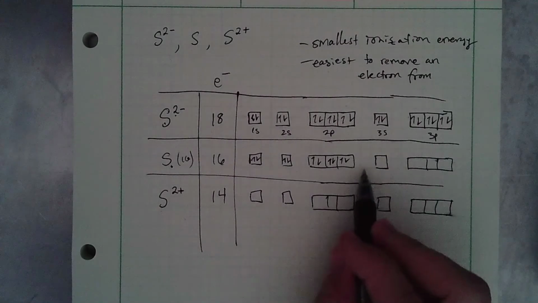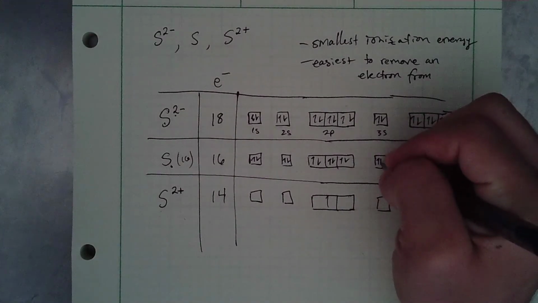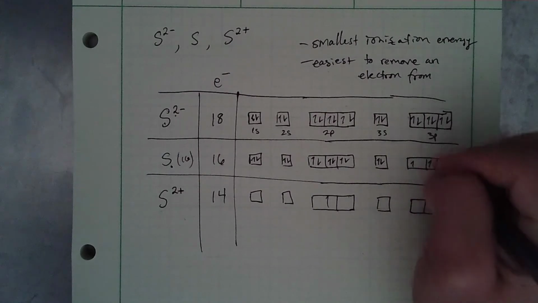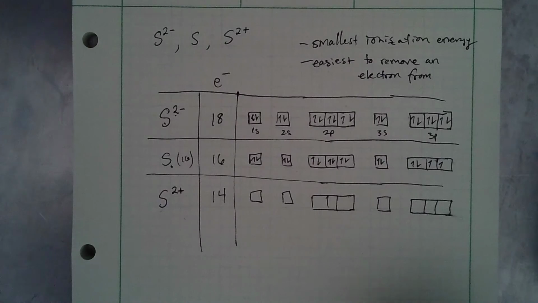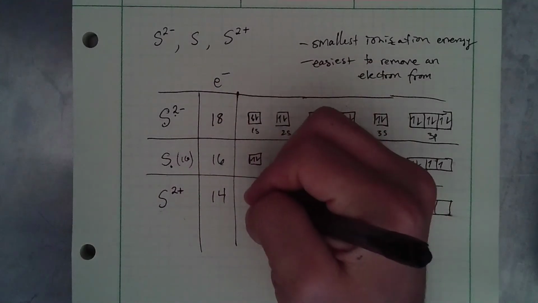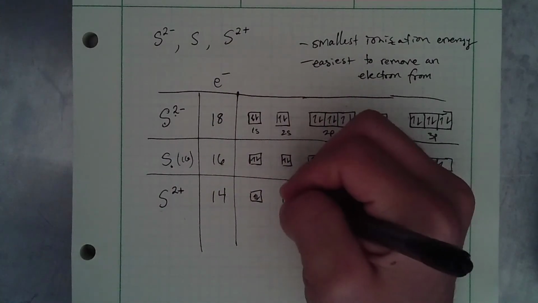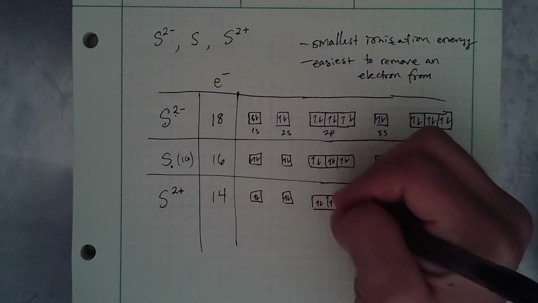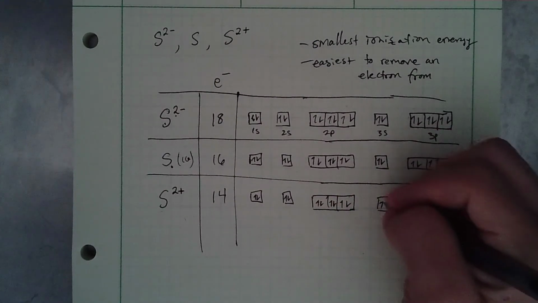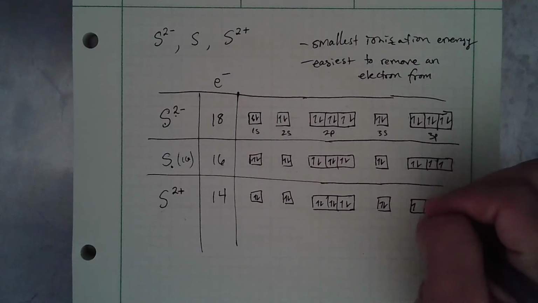All right, so this is 10, 11, 12, 13, 14, 15, 16. Okay. And then we get to the sulfur 2+ ion. All right. 1, 2, 3, 4, 5, 6, 7, 8, 9, 10, 11, 12, 13, 14.